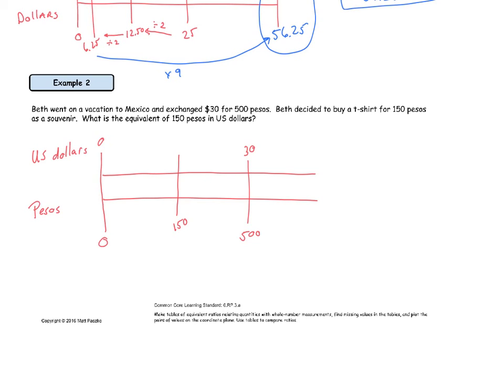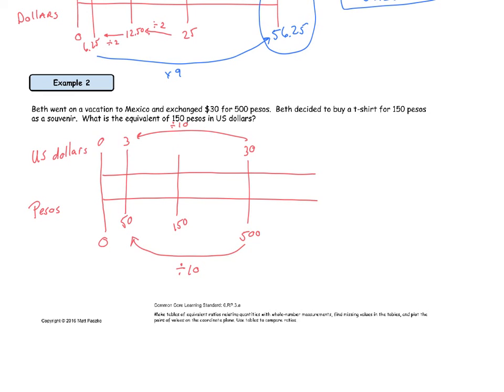If I divide 500 by 10, I end up getting 50 pesos. In order to keep equivalent ratios, I have to divide 30 by 10. That will give us 3 US dollars. We now have the equivalent ratio of 3 to 50.